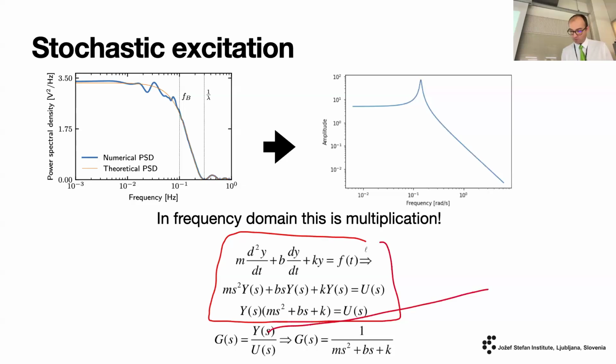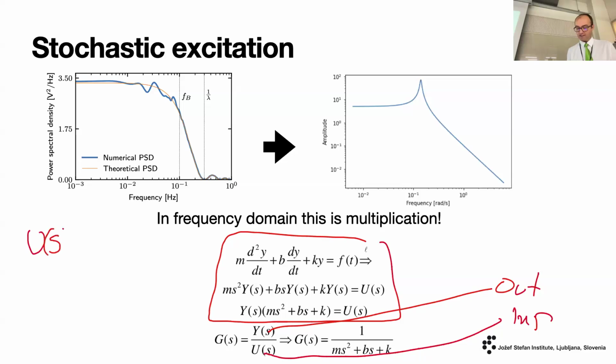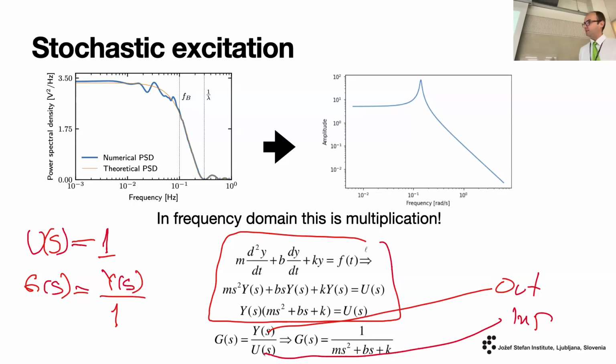This y was the output and u was the input of the signal. And the question is, if we put U of s as a constant 1, then what we are going to get is G of s equals Y of s over 1. So the output of the system will be our impedance.